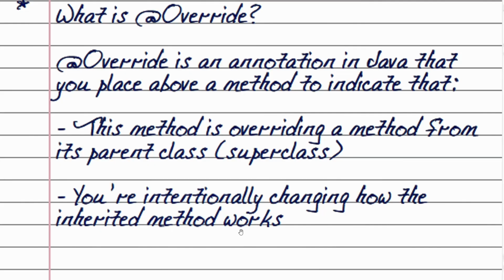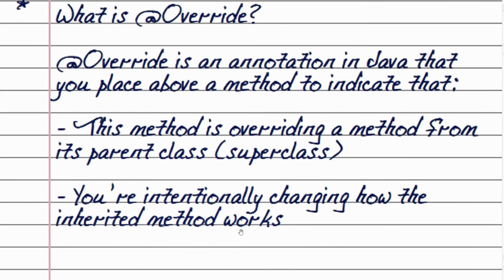So the override annotation, we write above the method. Override is nothing but the same name with the same parameters present in the parent class as well as in the child class. But the implementation of the parent class method and the child class method can be different.